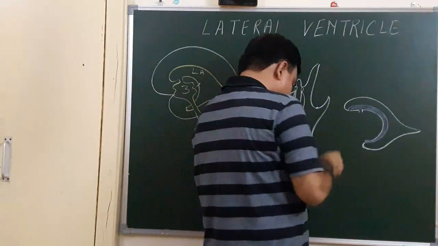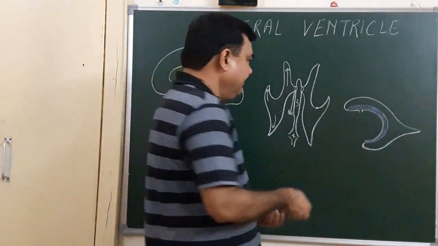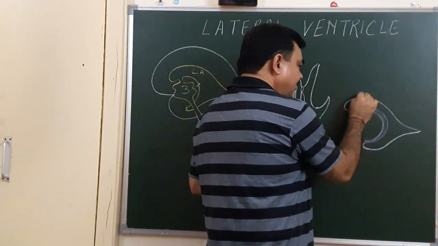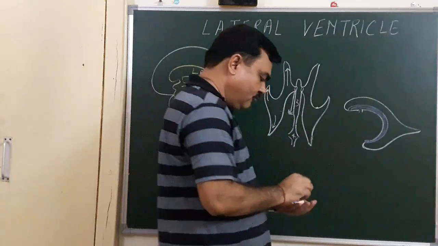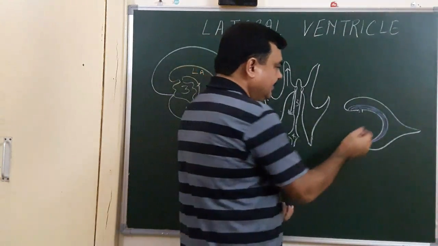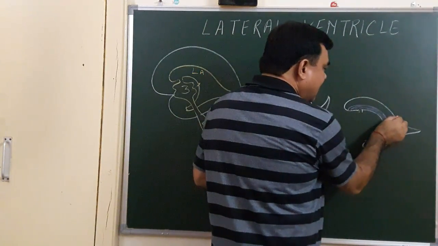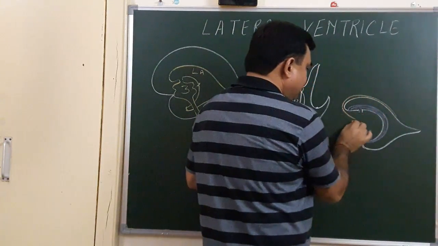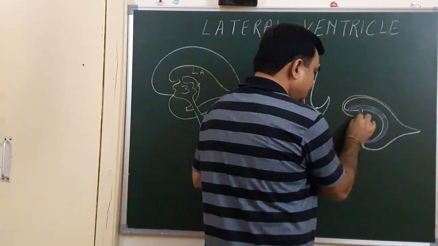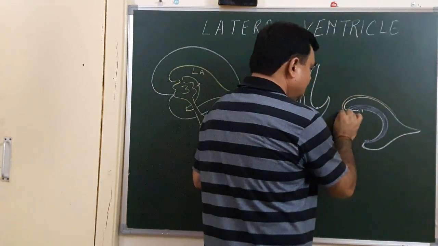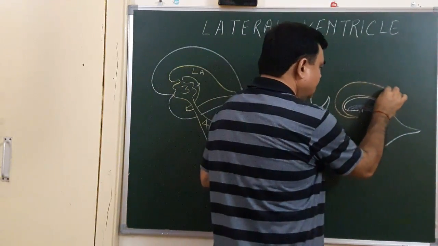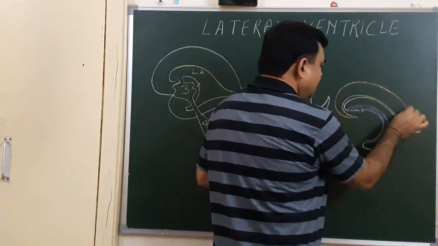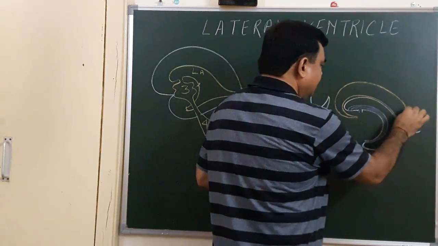This lateral ventricle extends from its main part, from this interventricular foramen, to the splenium of the corpus callosum. Here is the position of the corpus callosum.